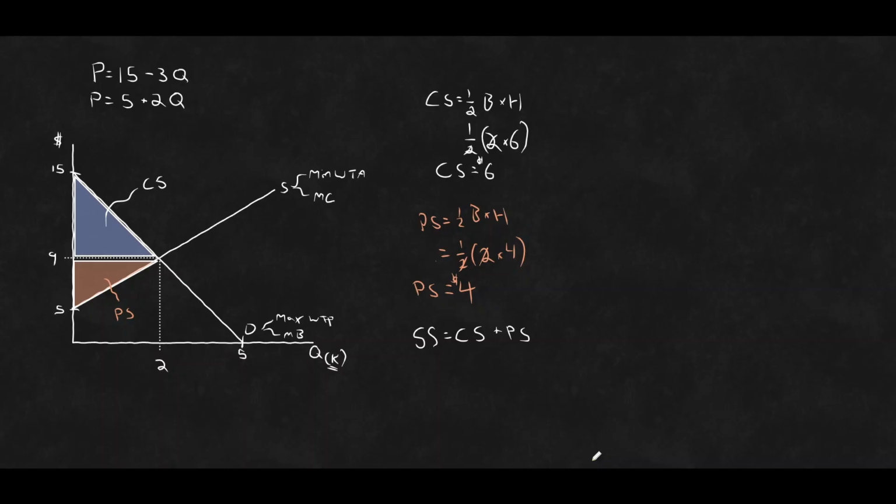Sometimes we'll introduce a third economic agent, our government. But right now, we only have consumers and producers taking place in this market. So our social surplus is the consumer plus the producer surplus. That is 6 plus 4. We are getting social surplus of $10 altogether. This is society's altogether gain from trade by engaging in this market situation.